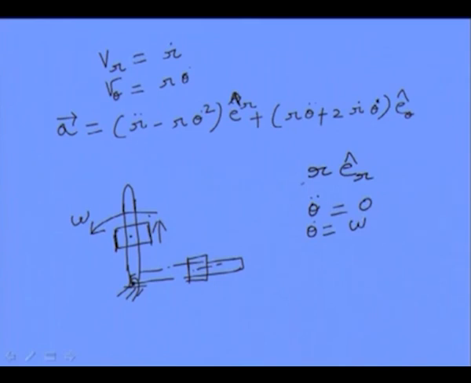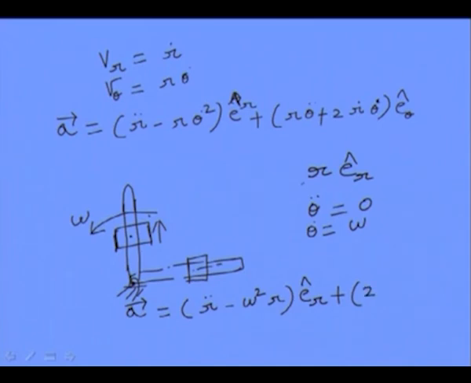Then the acceleration of the block which is moving will be written as A is equal to (R double dot minus omega square R) er plus (R theta double dot, that is 0, plus 2 R dot omega) e theta.